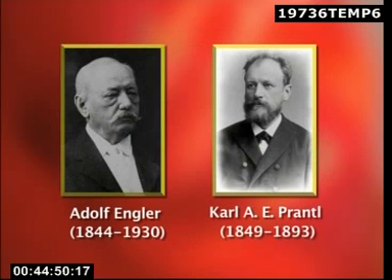Engler and Prantl included the keys and descriptions of all known genera of plants from algae to angiosperms. Their system of classification is based on the trends of evolution in existing families.